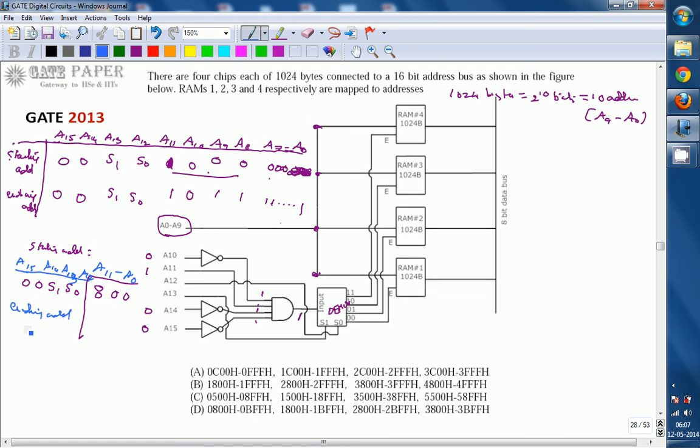And ending address can be the same thing, 00 S1 S0, and here what you are going to get is nothing but all ones, which is nothing but FFF. Ending address for this one is nothing but, A11 is 1, A10 is 0, and A9 is 1 1, that is 1011, which implies nothing but B, and all ones is nothing but FF, so it is BFF.